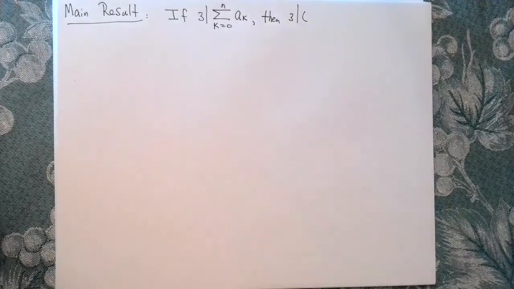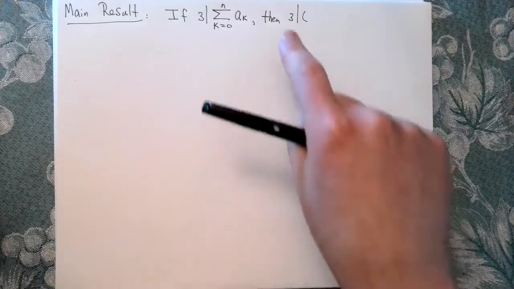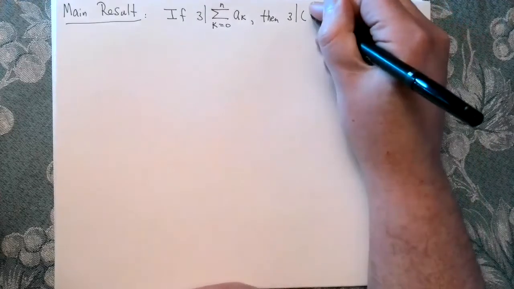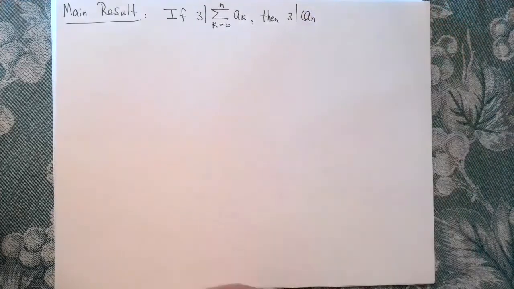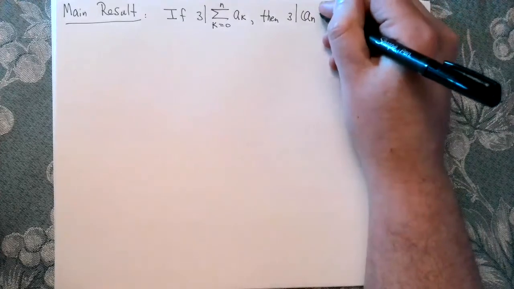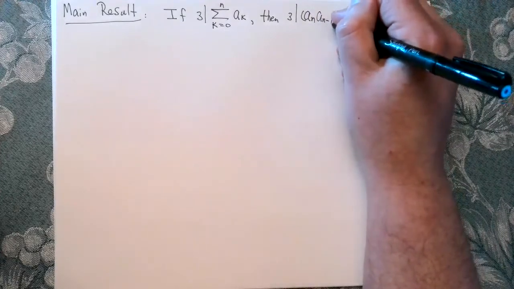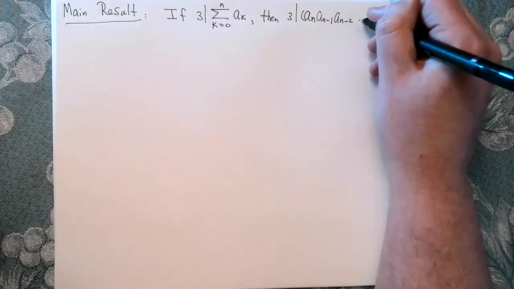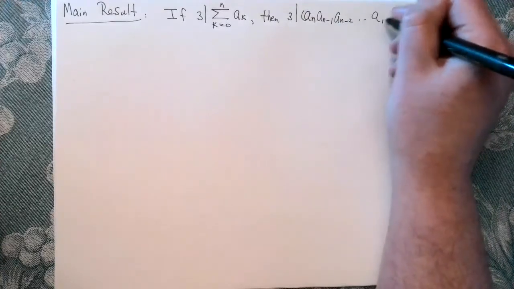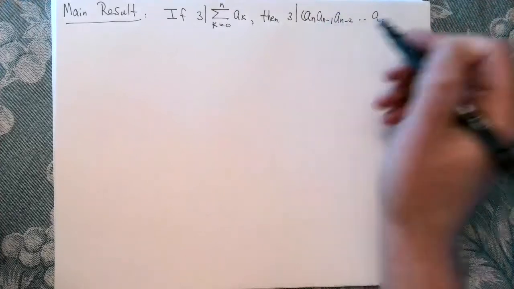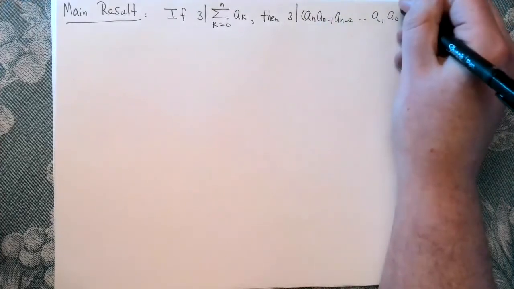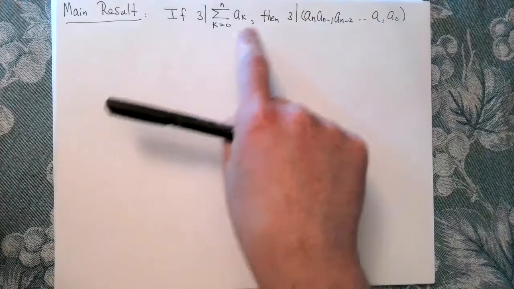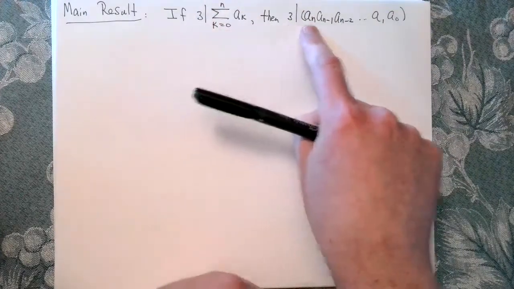Think about this in terms of digit place value and not multiplication. This is the number in the 10 to the nth place. This is the number in the 10 to the n minus first place, etc. Again, not multiplication. This is to suggest place value. So if 3 divides the sum of the digits of a number, then 3 divides that number.